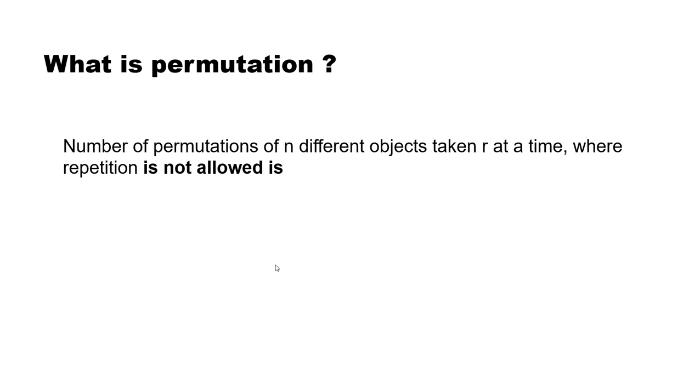What is permutation? The number of permutations of n different objects taken r at a time where repetition is not allowed is given by this formula, nPr equals n factorial divided by (n minus r) factorial. So that's the formula for the number of permutations of n different objects taken r at a time and where repetition is not allowed.